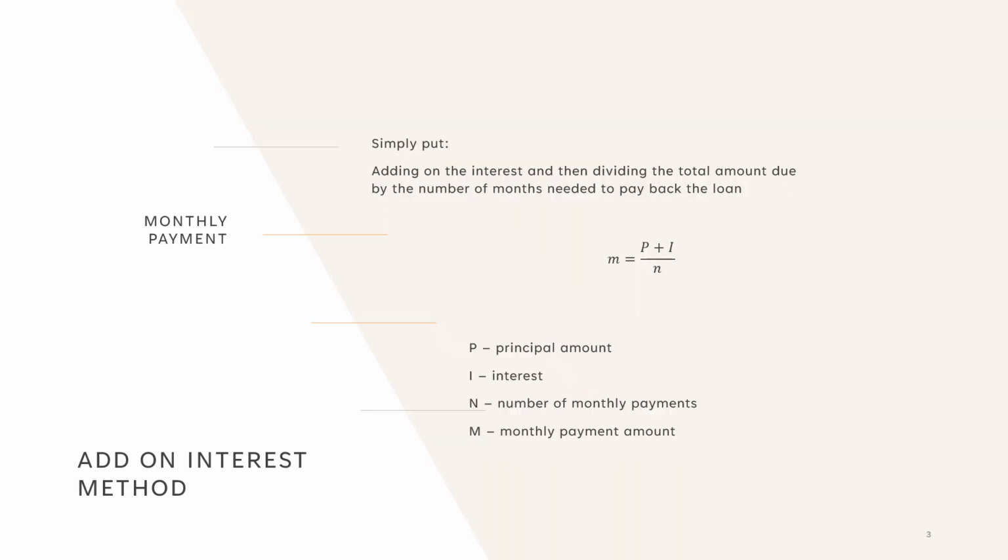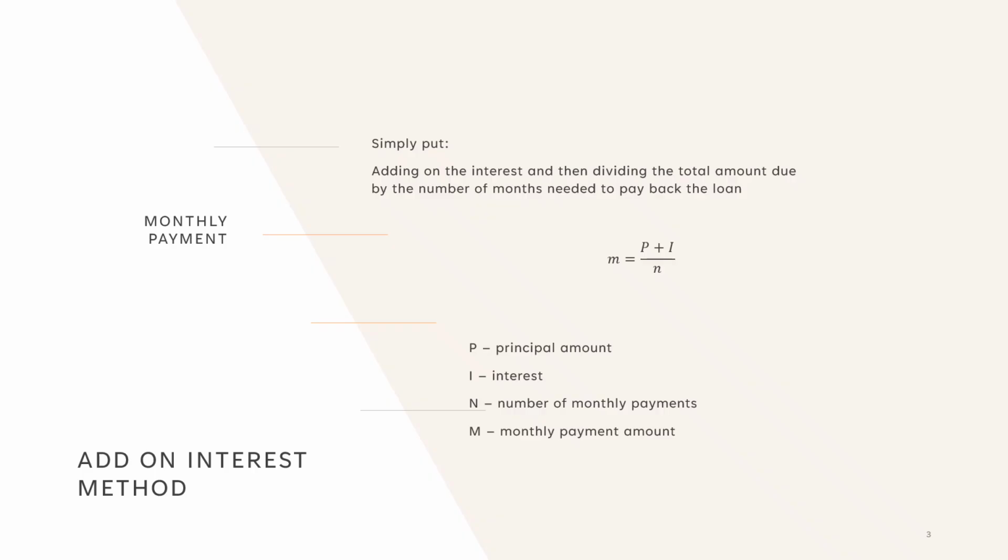To begin, let's look at calculating a monthly payment using the add-on interest method. This is pretty much exactly like it sounds. We are adding on the interest and then dividing that total amount due by the number of months needed to pay back the loan.